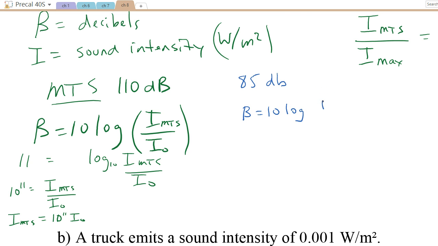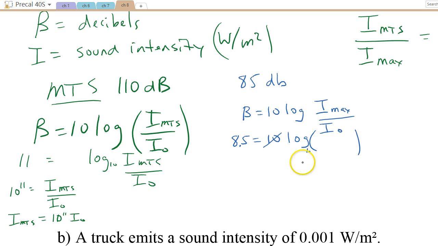Now this I in the numerator will be the maximum recommended amount compared to the threshold of hearing. So if I put 85 in, it is equal to 10 times the log of this ratio. I won't write it out again. I have to divide by 10 again, so I'll divide by 10 here and put a decimal in here. So this is to the base 10.